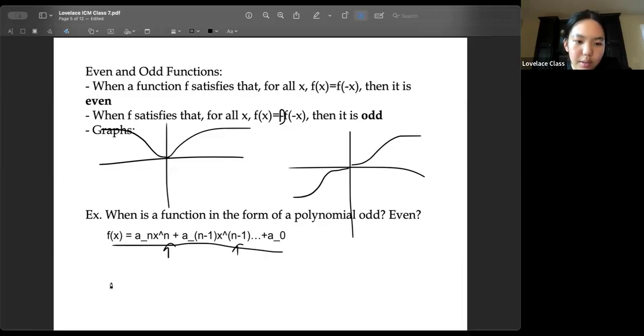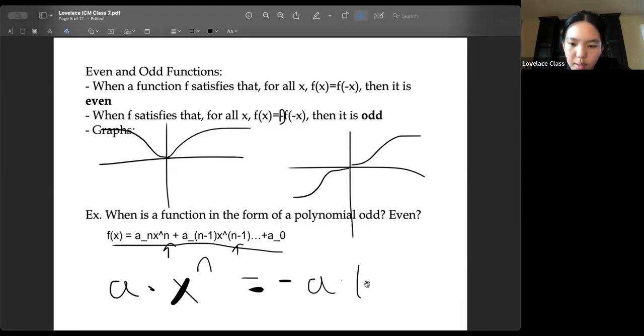Because if we have some coefficient a times x to some power, we need this to be equal to negative a times negative x to that same power, right?